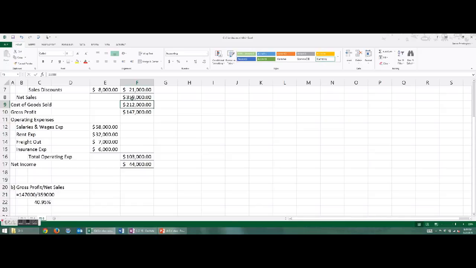Simply dividing the 212,000 by net sales comes out to 59.05. So of every dollar of net sales, 59 cents goes to cover inventory-related costs. That's the value of the gross profit rate.